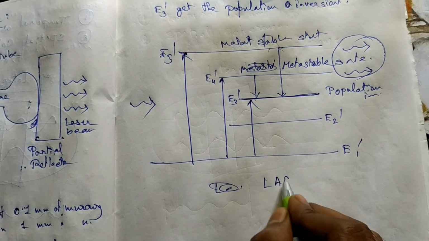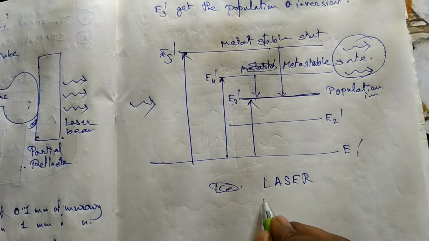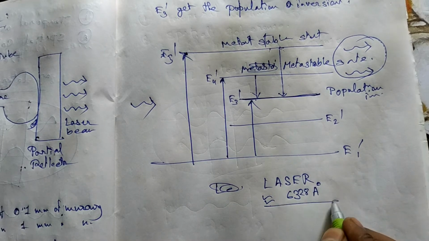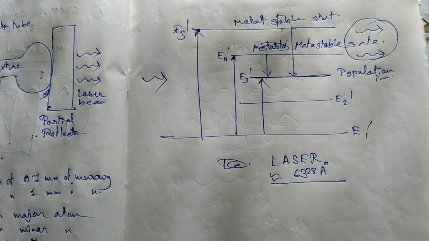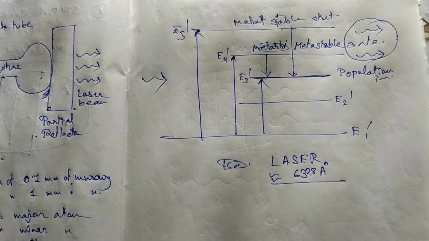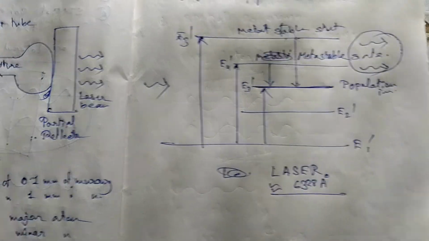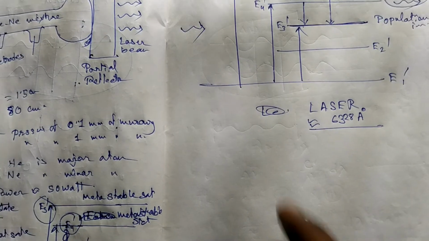We get the laser beam with a 6328 Angstrom wavelength. This is the whole process of the helium neon laser. Now, how is it reflected, and how is it intensified?